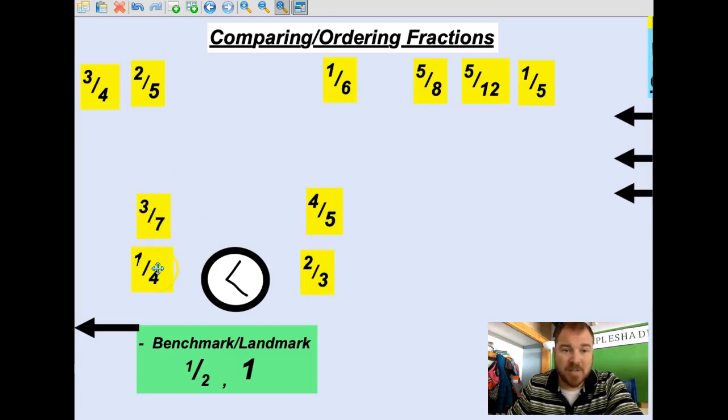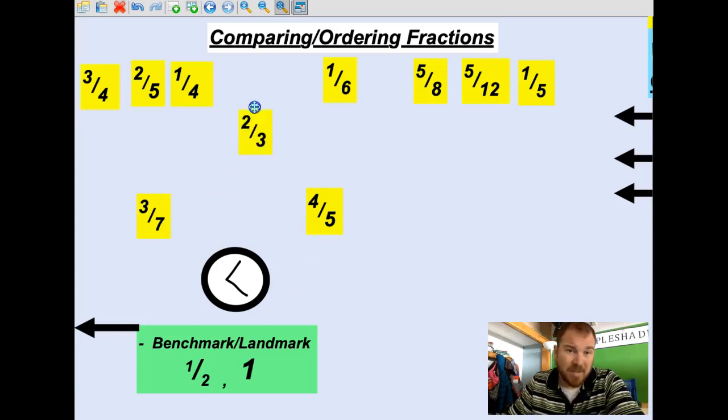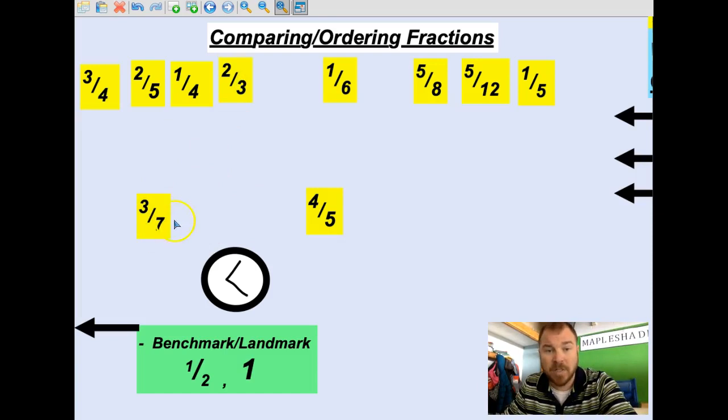Again, sevenths are not very fun and familiar fractions. The seventh isn't a very common unit that we deal with very often, but we do know that 3 out of 7 is less than half, and that 4 out of 5 is more than half. So our benchmark or landmark would be a good explanation or justification for this inequality symbol being correct.